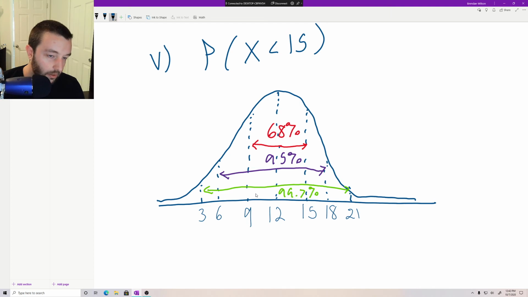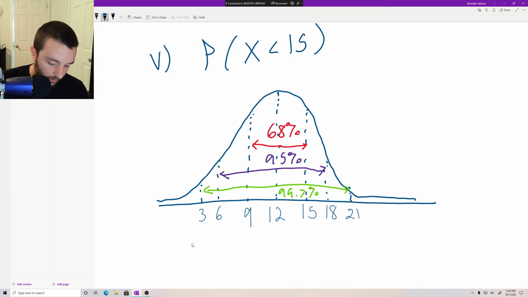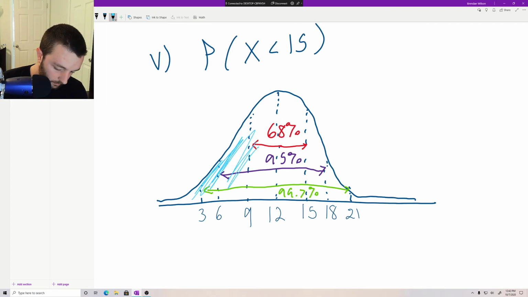So now we want to find this area. Okay. Here, let me use a different color maybe. Okay, we're trying to find this area.